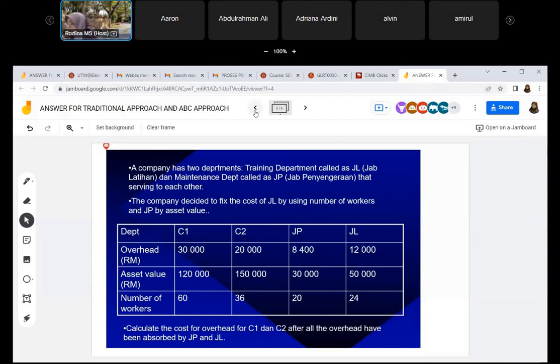So JP to C2? 30? What? Okay lah, tak apalah, just finish it.